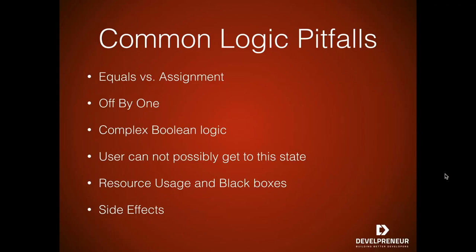Complex Boolean logic, and particularly negating it. This is just part of the struggle of being a developer, I think. You start getting into something where it's this and that, or that other thing, and maybe this in some cases, but not that.